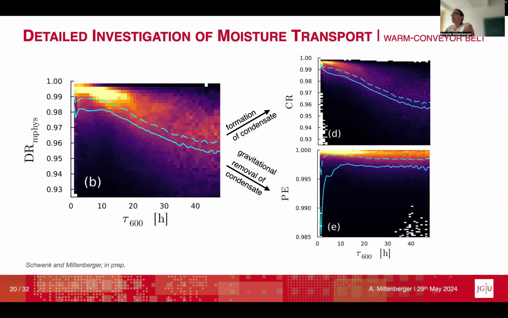And then we see the gravitational removal, the precipitation efficiency on the lower figure, which is actually pretty flat. So these are all very efficient in converting the condensate to precipitation. Although I must say that the pathways by which this happened, they differ quite strongly between the slantwise and the convective trajectories.